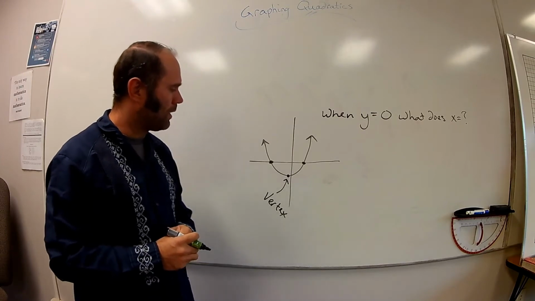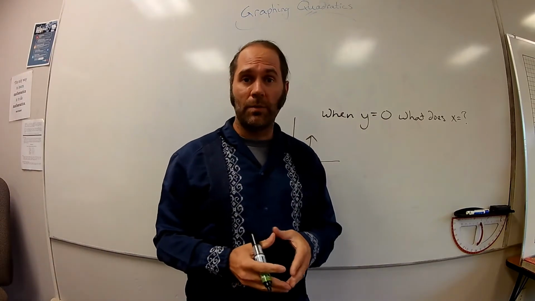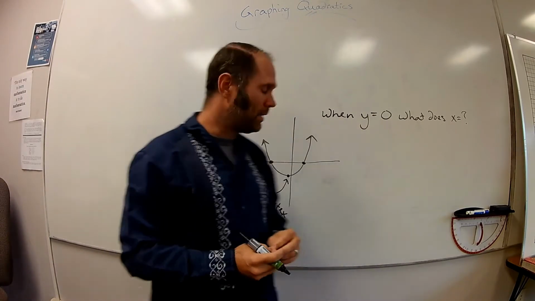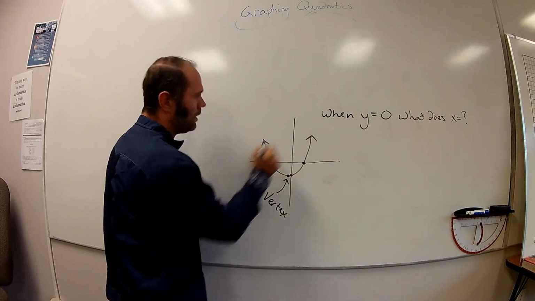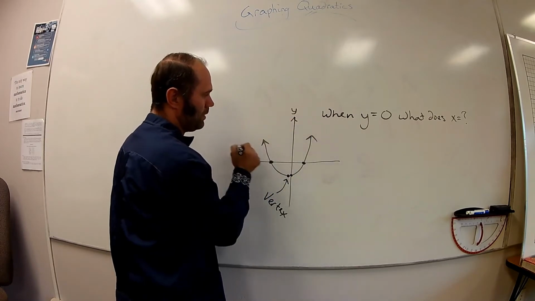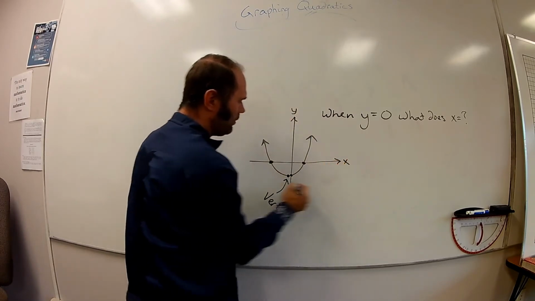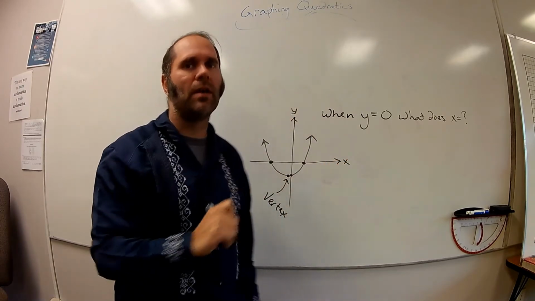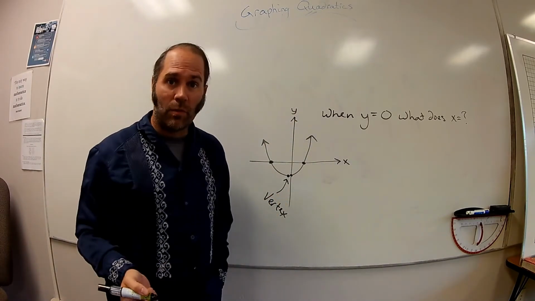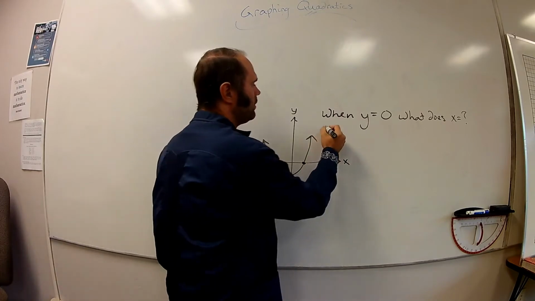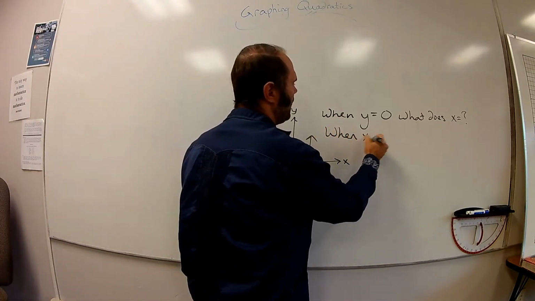The only other part that would be sometimes useful, sometimes almost necessary to find, would be the point on the y-axis. So sometimes we'll want to try to find the point on the y-axis. And so that will be when x is 0. What does y equal when x equals 0?